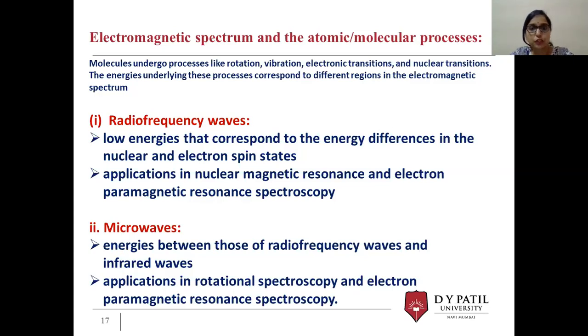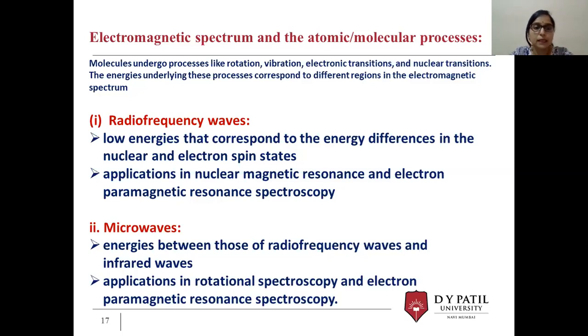These are the things which respond in the sample when you apply a radio frequency to it. Applications are in nuclear magnetic resonance and electron paramagnetic resonance spectroscopy. Radio frequency and nuclear magnetic resonance are widely used in imaging, especially in the medical field. They are used in MRI, magnetic resonance imaging, which is a very important, very crucial medical technique used for diagnostic purposes.